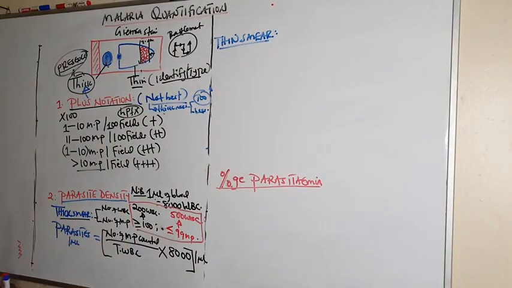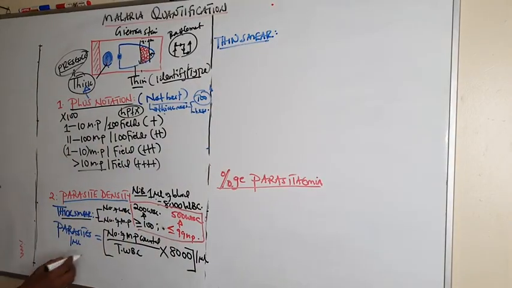So for example, if I'm counting, then I get maybe 200 malaria parasites, and because they are greater than 100, we stop at 200 white blood cells.